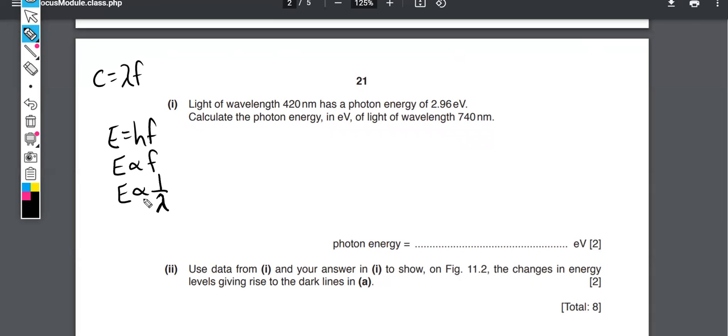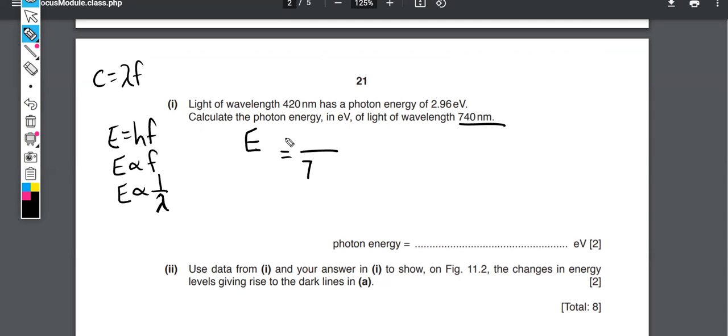We can use this proportionality because we're given wavelengths and energies to just set up a proportion and solve it. We're given two things and we want to compare it to this wavelength. So that's the simpler way. If we want to solve for the energy of this wavelength light and they're inversely proportional, the energy that corresponds with this is going to be on the opposite side of the fraction.